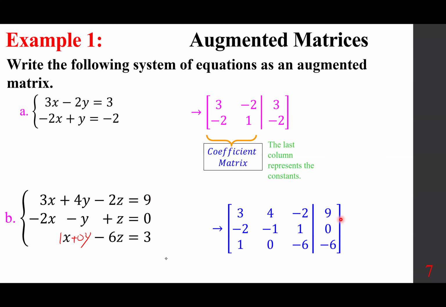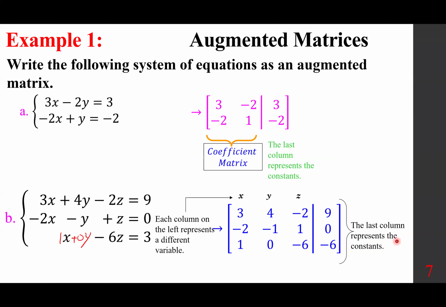Each column on the left represents a different variable. So this is the x, this is the y, this is the z. The last column represents the constants. The line acts like an equal sign.